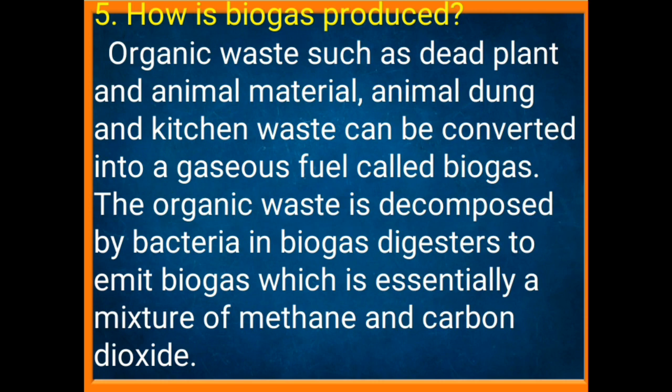The next question, how is biogas produced? Dear children, listen very carefully. Organic waste such as dead plants, animal material, animal dung and kitchen waste can be converted into a gaseous fuel called biogas.